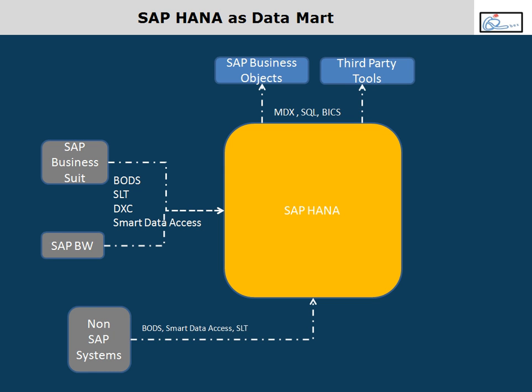We call that data provisioning. We have different data provisioning techniques like SLT, BODS, smart data access, smart data quality, smart data integration, and then we can bring the data from different systems into the HANA database.